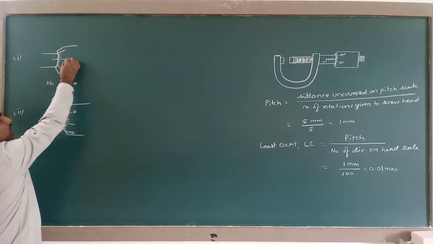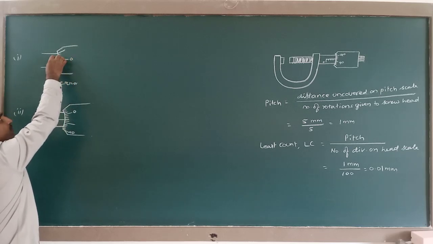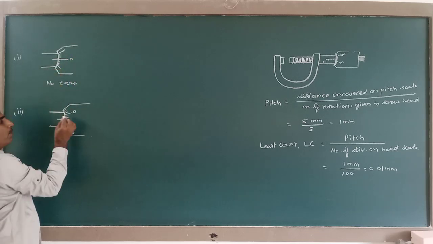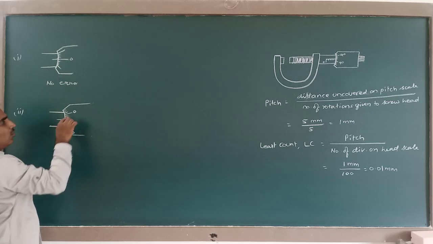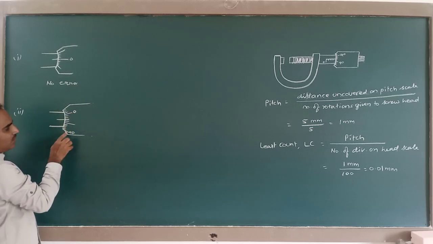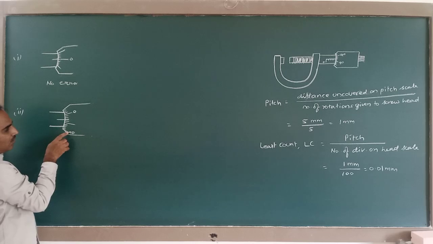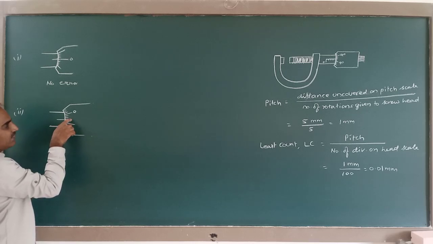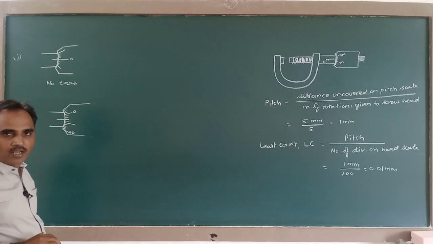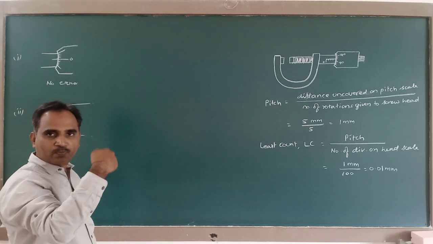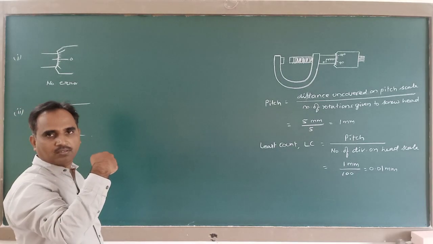So actually this 0th division has to coincide with the pitch line, but instead of that, below 0, that means 97, see this is 90th division. 90, 91, 92, 93, 94, 95, 96, 97th division is coinciding. That means it is coinciding less by 3 divisions.